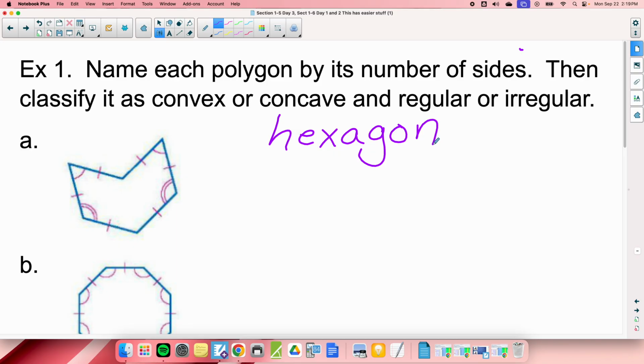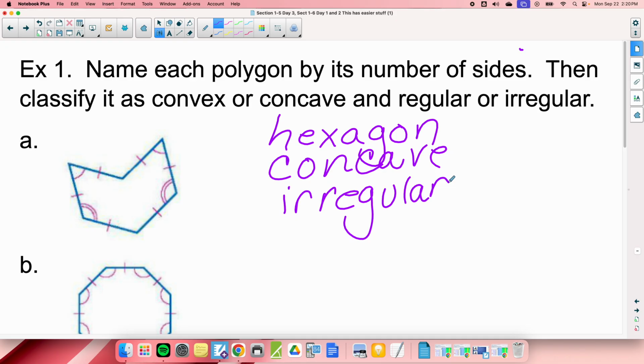Yeah, so it's concave. Very good. On the sides, is there the same amount of dashes? Yeah. Is there the same amount of arcs in the angles? No, right? Aren't there one arc, 2, 2, none? Because they're not all the same, we say it's irregular.